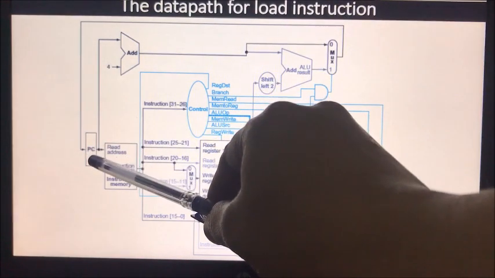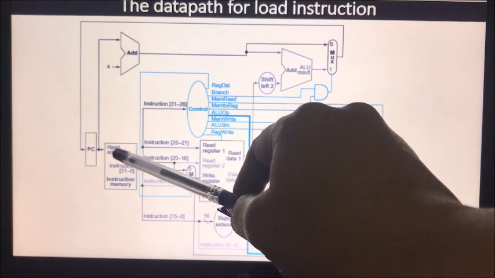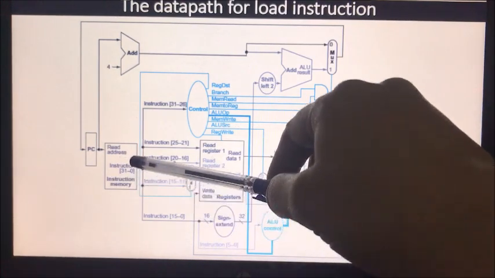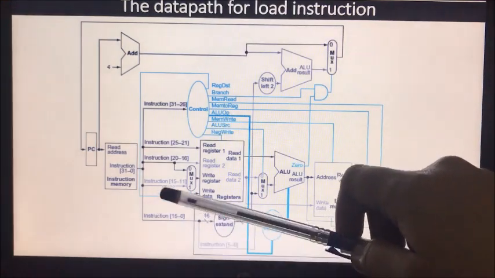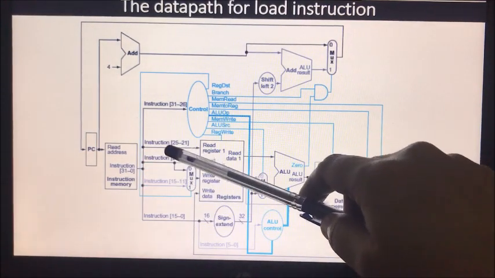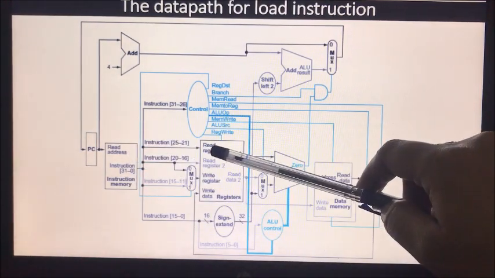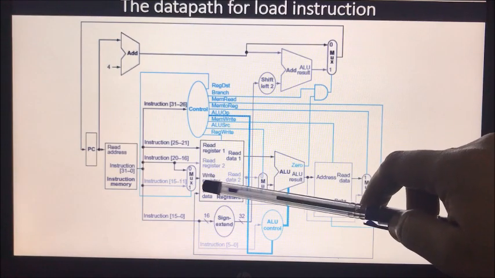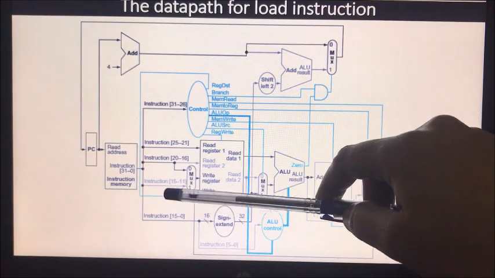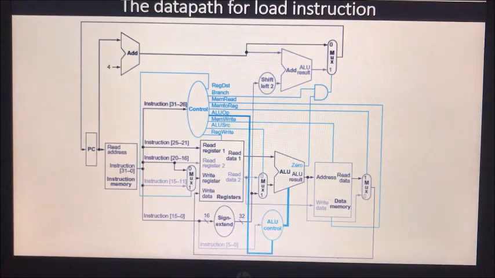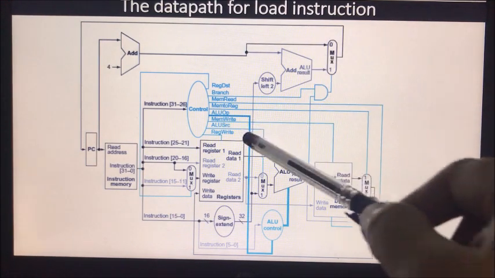PC, we will say the address will be provided to instruction memory, instruction will be fetched, and because we are performing a load instruction, bits 21 to 25 will be the first operand value, that is into read register 1. The second operand value will be the offset value in order to calculate the data address from where we are supposed to take it.